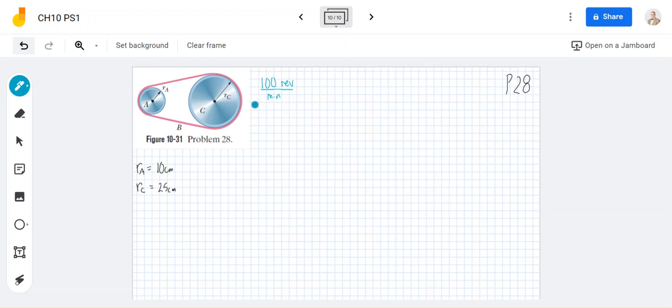For us to work with this, it can't be revolutions per minute, which is RPM, how most of these things are registered. We actually need it in radians per second. So we have to rearrange the units a little bit. Let's do the minutes first. 100 revolutions per minute is the same thing as 100 revolutions in 60 seconds.